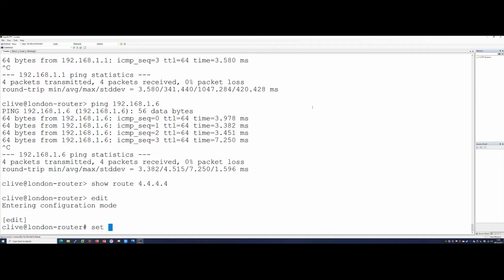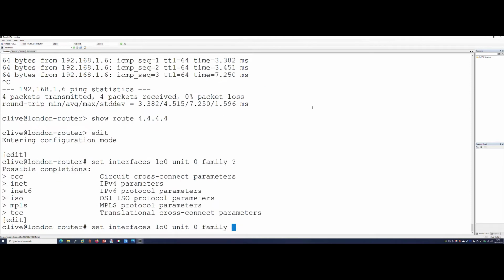So set interfaces lo0, unit 0, family. So let's have a look at what we've got options wise. Well, we know they're ISO addressing. So we have to use ISO here. Okay, so we do family iso address. Now comes this address. So we start with 49.